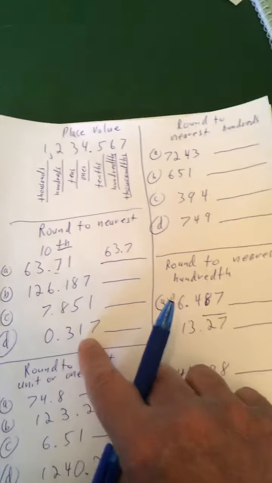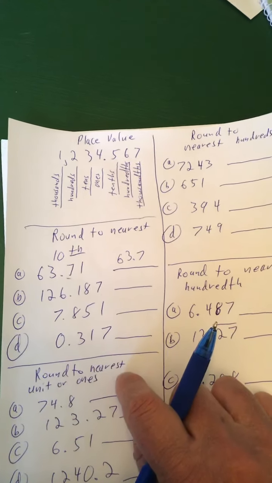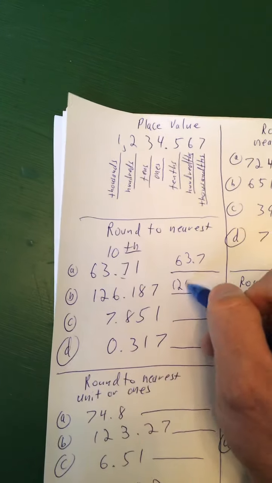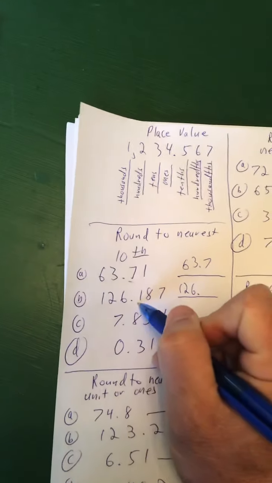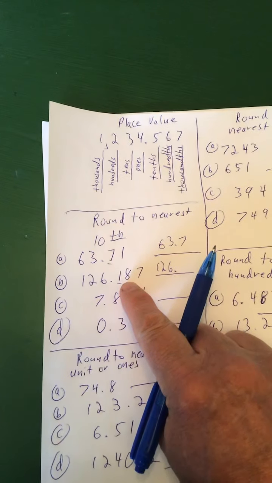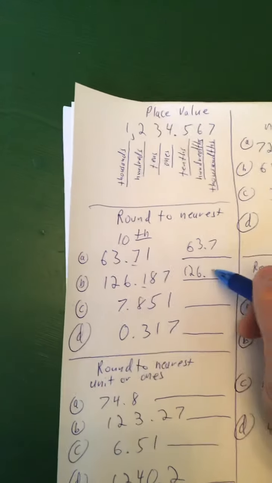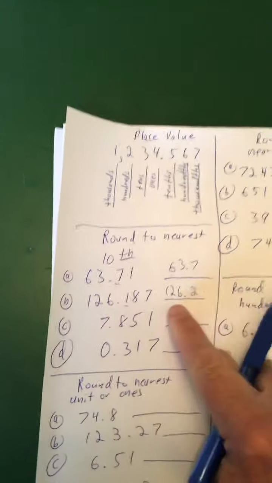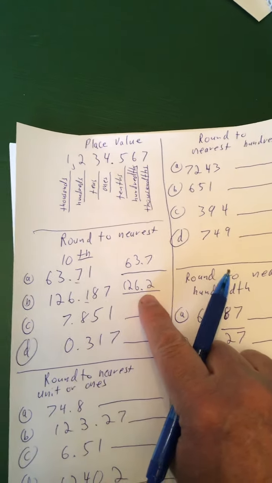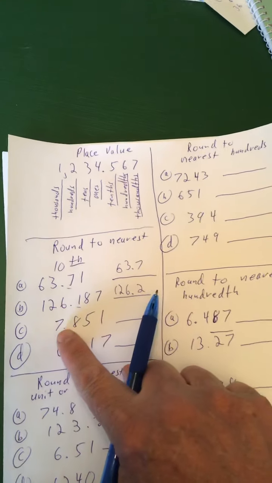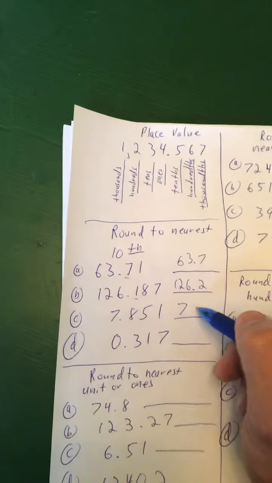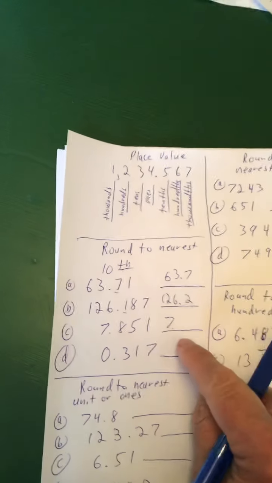So you try these next 3, and hit pause and do it. I'm going to do them right now. This is going to be 126 point either 1 or 2. Well, the 8 means it's going to round up to 126 and 2/10, or 126.2. This is going to be 7.8 or 7.9, or 7 and 8/10, or 7 and 9/10.